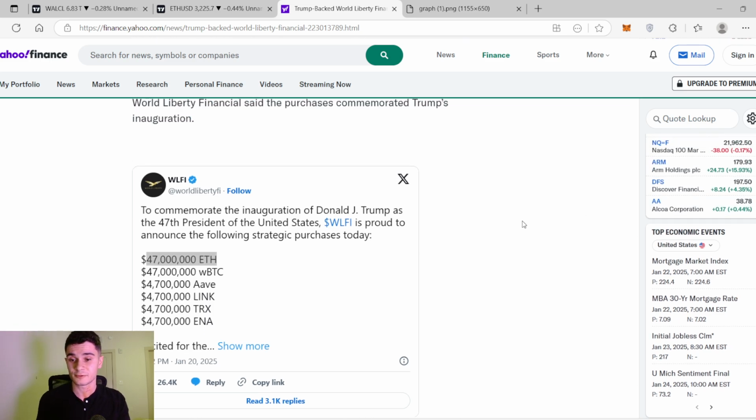these are actually very bullish news for Ethereum, I think, because this whole fund, World Liberty Financial, is actually created on Ethereum. That's why they're buying wrapped Bitcoin, because this whole fund is basically created on the Ethereum blockchain.